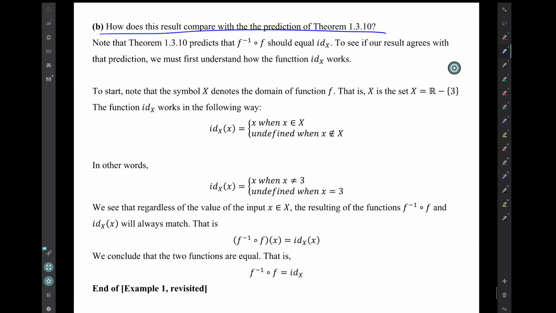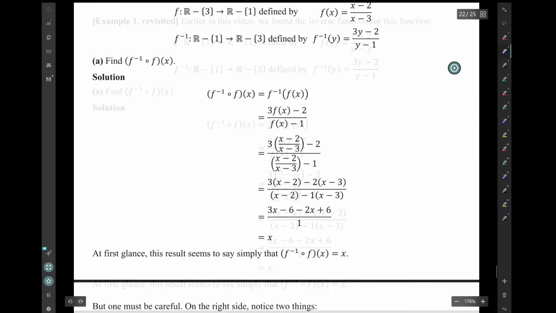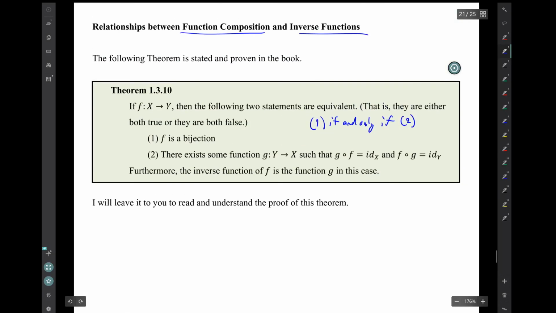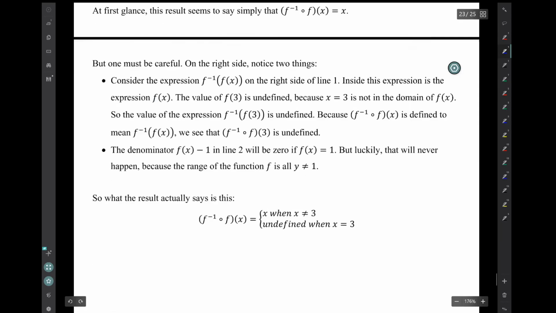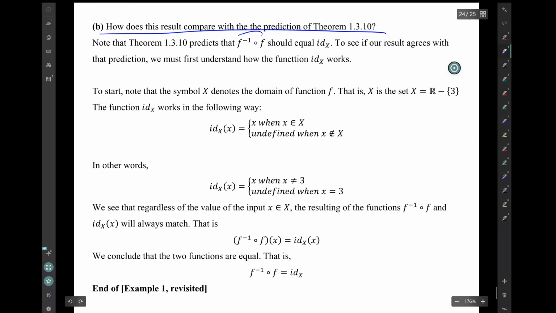Well, the theorem predicts that if you have the inverse function of f being the function g, then the composition should equal the identity map. That is, the theorem says this composition should equal the identity map.